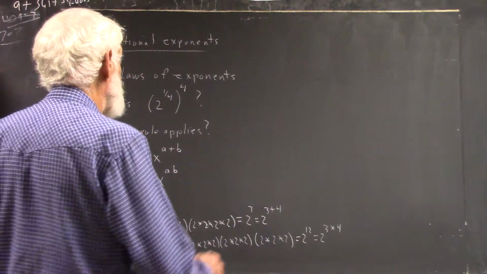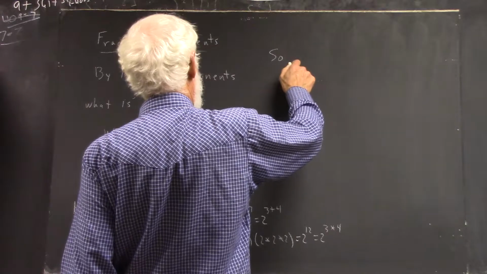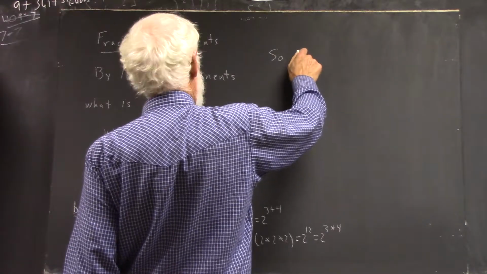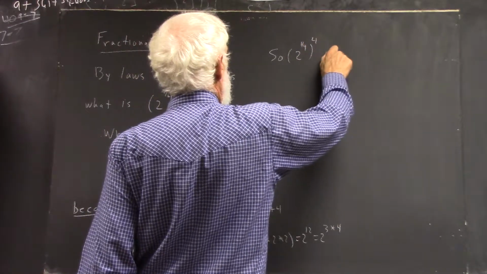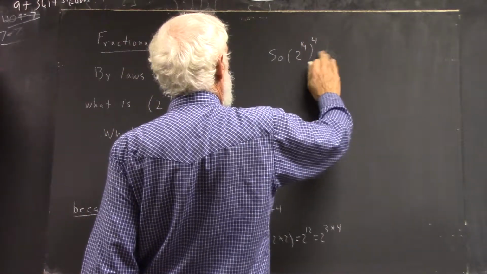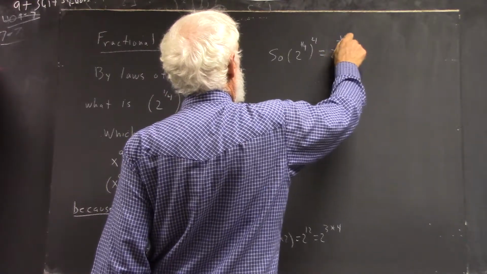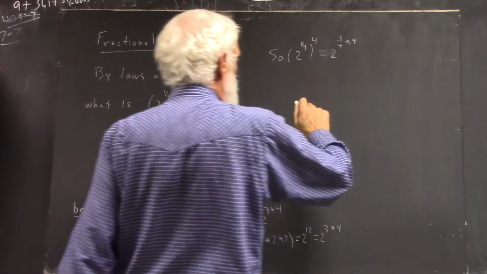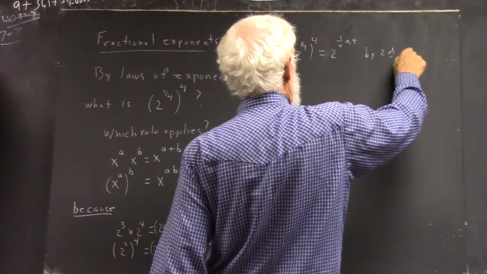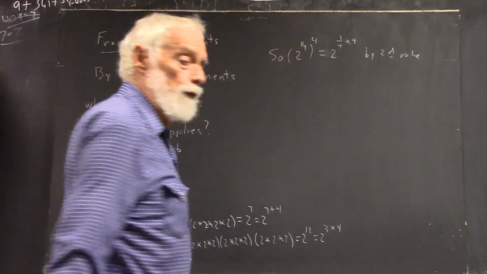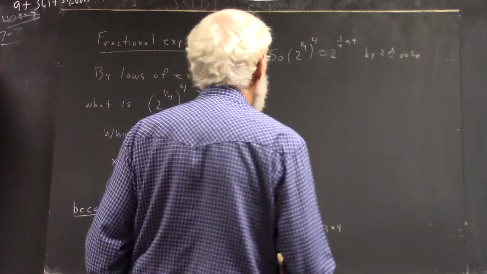Okay, so 2 to the 1/4 to the 4th is 2 to the 1/4 times 4 by the second rule.